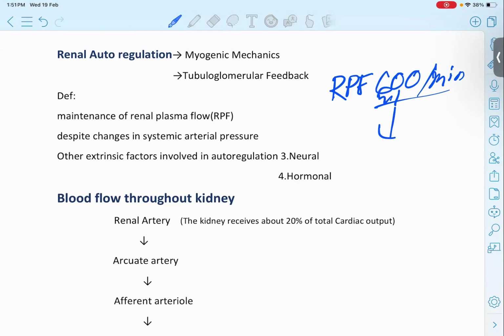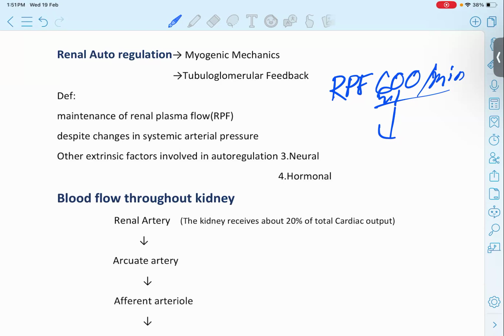Initially our body will try its level best to maintain this renal plasma flow, RPF. Initially our body will try to fight back and maintain the optimum RPF. But ultimately, if that person enters into shock, then the body cannot.